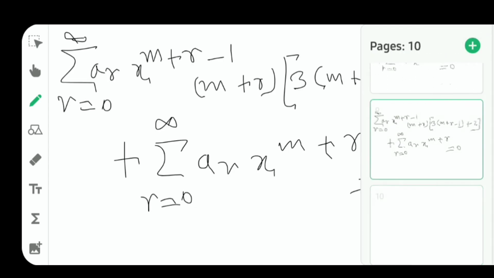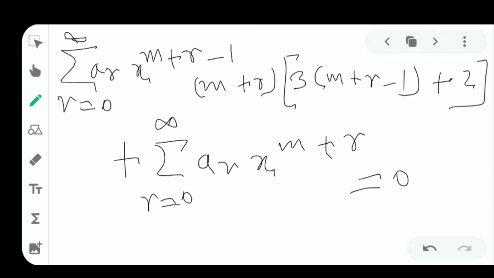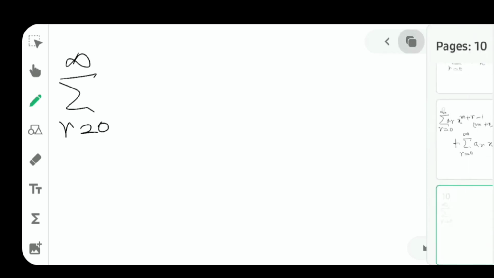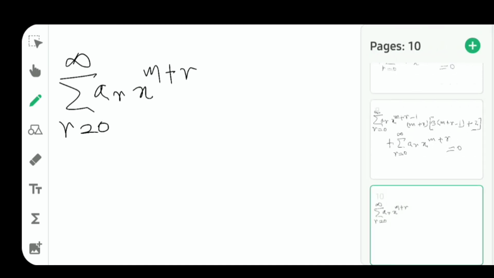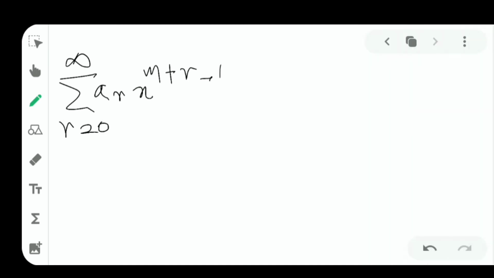Now see, this term we left out. After that we left out this term 3m plus r, and now I have to simplify again. Summation r equals 0 to infinity a_r x to the power m plus r minus 1, times (m plus r).